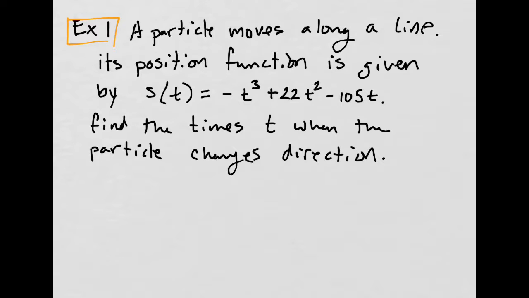All right. Now, in the first video, we talked about velocity, including a speed and a direction. So whenever we talk about direction, that's the key word to think about velocity.